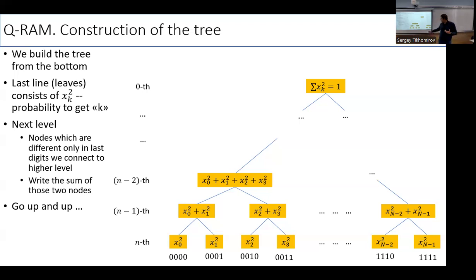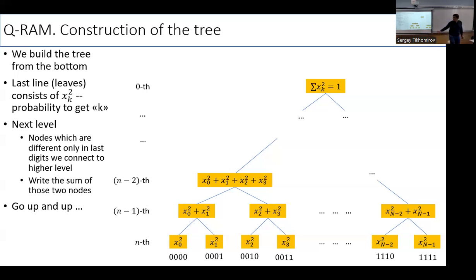We can associate to this node a sequence of n-1 zeros and ones. To this one it would be 3 zeros, to this one it would be 0, 0, 1, and so on. And this corresponds to the probability to get 3 zeros if we measure only 3 bits.